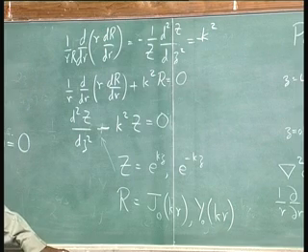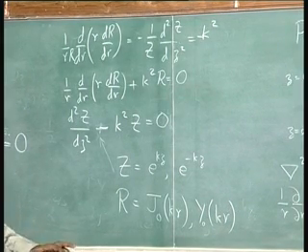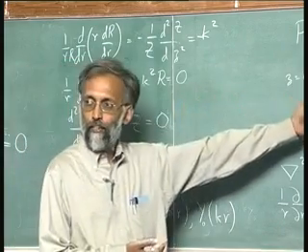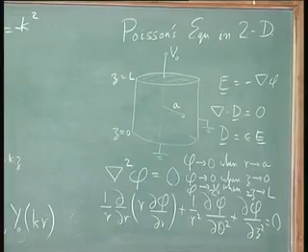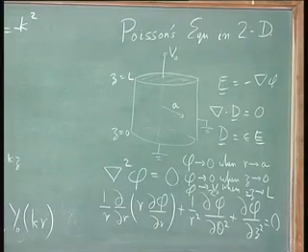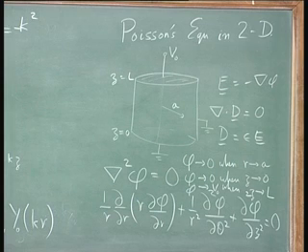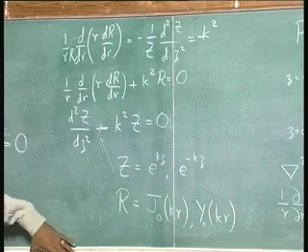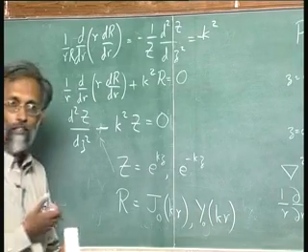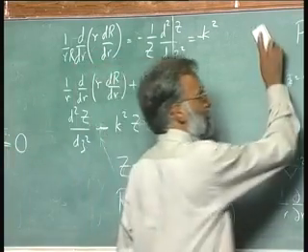Bessel functions are like sines and cosines, except they occur naturally when you talk about cylindrical geometry. In Cartesian geometry, the natural oscillating function is sin kx and cos kx. In cylindrical geometry, the natural oscillatory function is J0 of kr, Y0 of kr. And similarly, there are naturally oscillating functions in spherical coordinates.